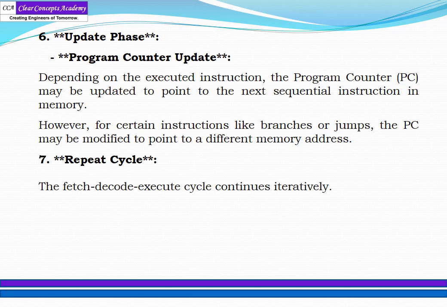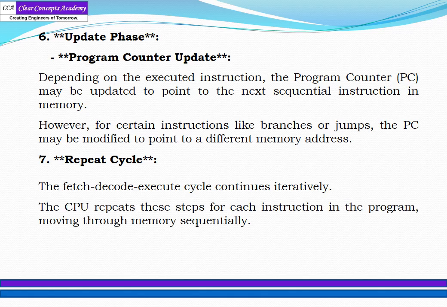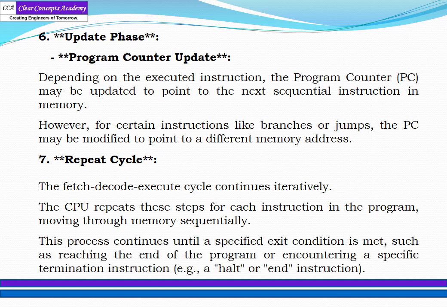Repeat cycle. The fetch, decode, execute cycle continues iteratively. The CPU repeats these steps for each instruction in the program, moving through memory sequentially. This process continues until a specified exit condition is met, such as reaching the end of the program or encountering a specific termination instruction, that is, a halt or end instruction.